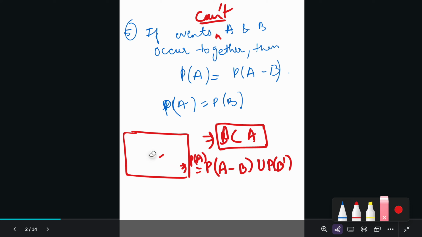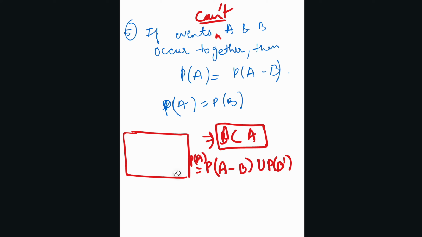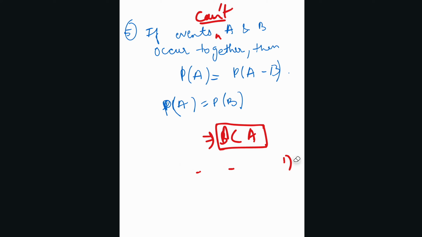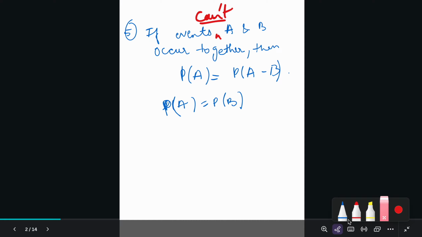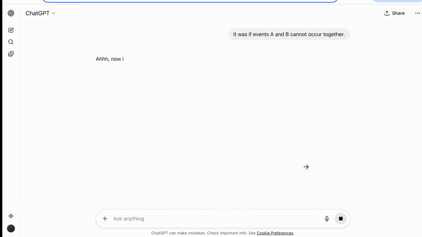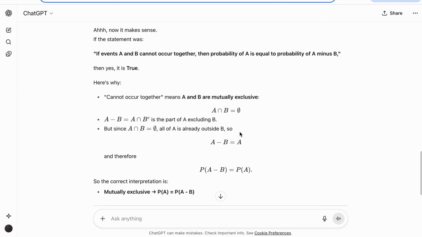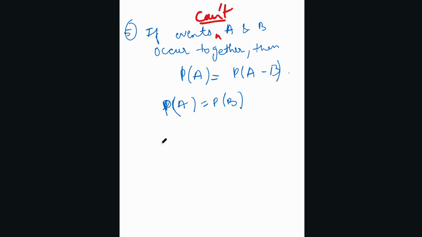Wait, let's now reconsider this. Now if A and B cannot occur together, A intersection B is phi.